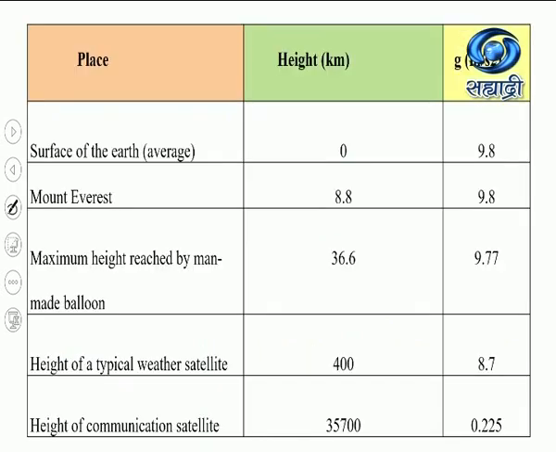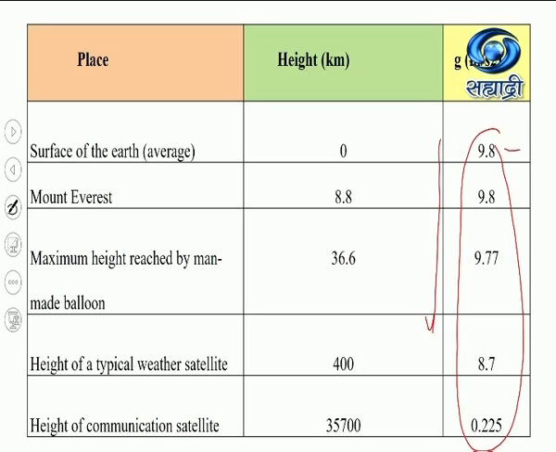Here are different places, their heights from the Earth, and how the acceleration due to gravity goes on decreasing. At the surface of Earth, that is zero height, it is approximately 9.8. At Mount Everest also 9.8.